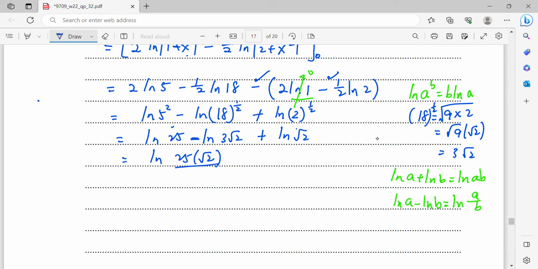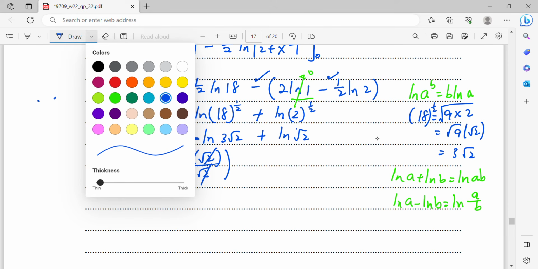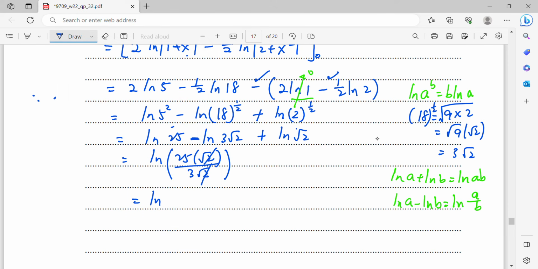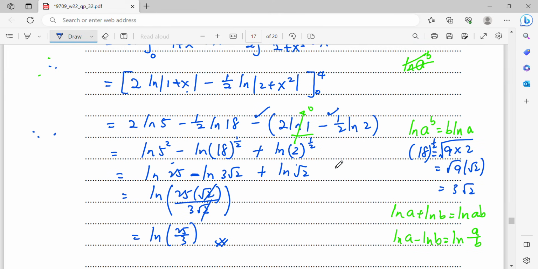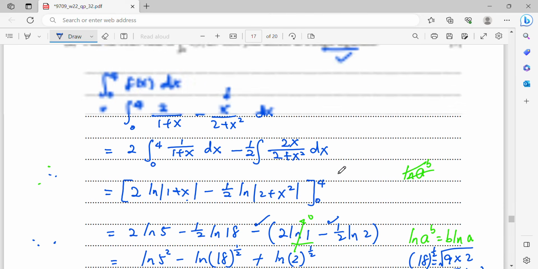Therefore, it's divide by 3 square root 2. Okay, and now the square root 2 can be cancelled off. Therefore, I will be getting ln of 25/3. So that is my final answer. Right? So that is the solution for this integration.